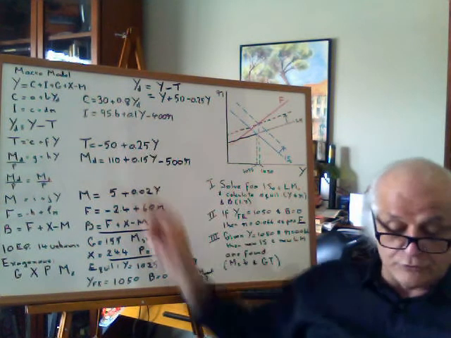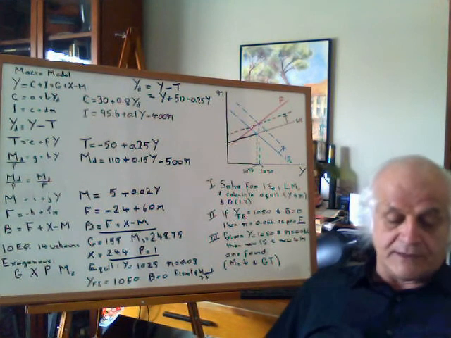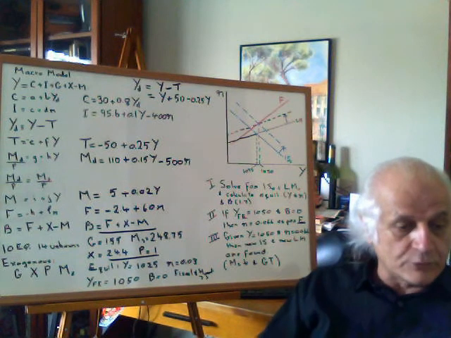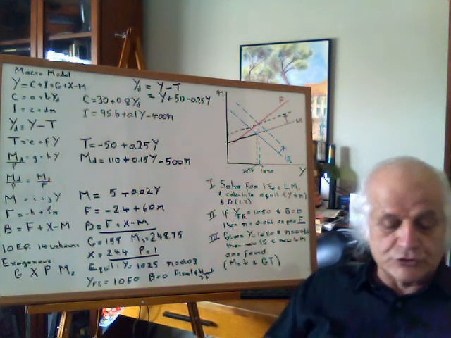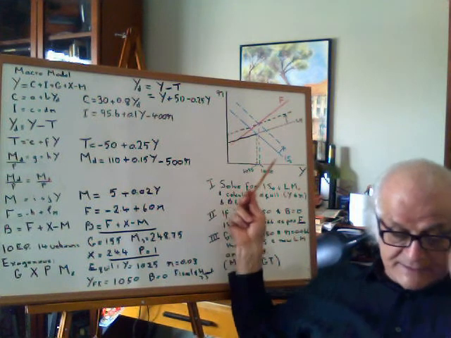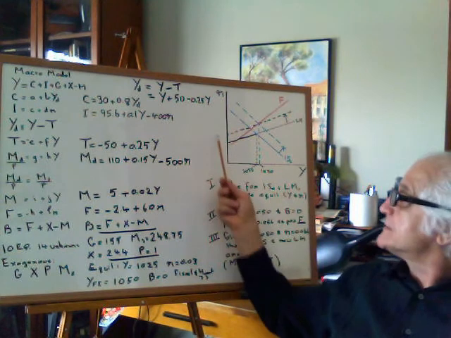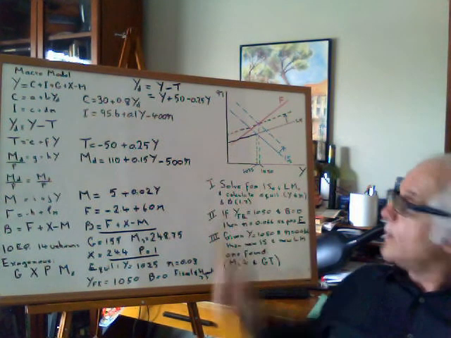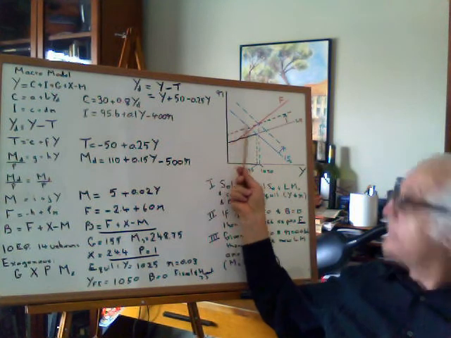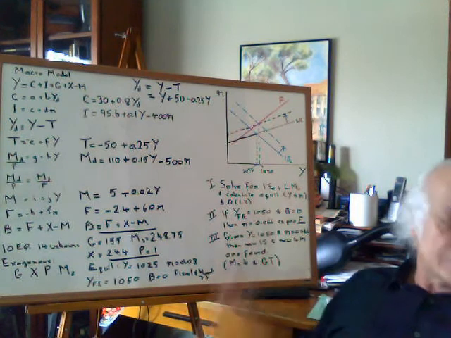Y is equal to 340 plus 0.68Y minus 400r. You put the Y's on one side of the equation, you solve it, and you wind up with an IS. This IS is going to be Y is equal to 1062.5 minus 1250r, which is exactly what you'd expect it to be, downward sloping, right?